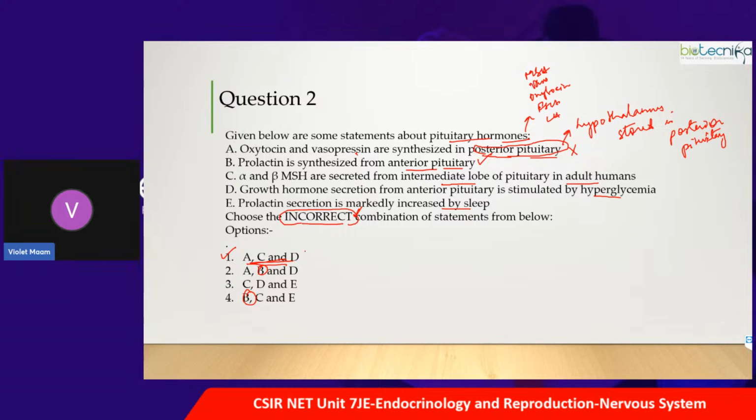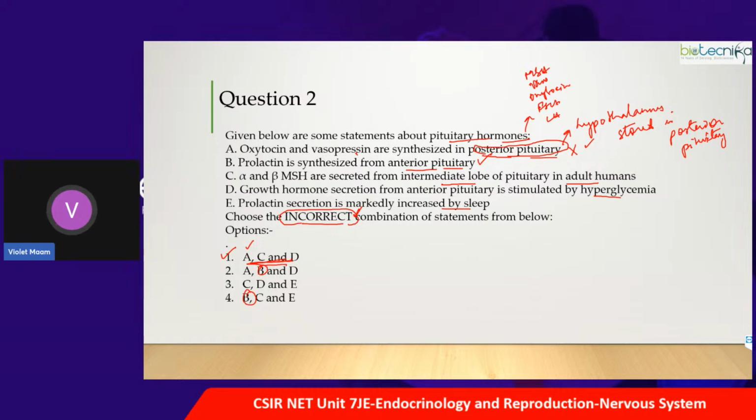Easy to solve that way. Many times, statement-based questions, though they look tricky, if you know one or two statements, become easy to solve. So there is no dilemma. You will not be in a dilemma because you are confirmed with the two statements.